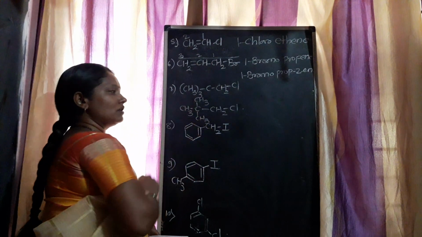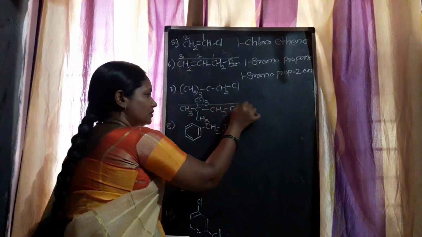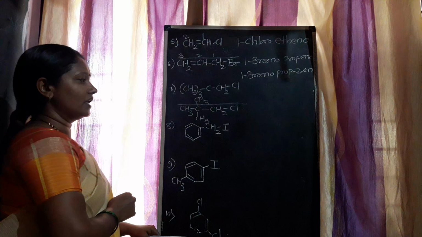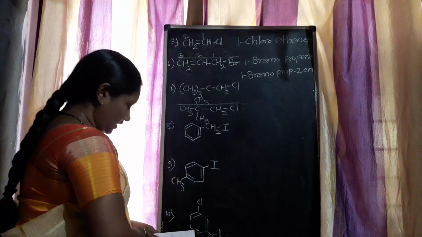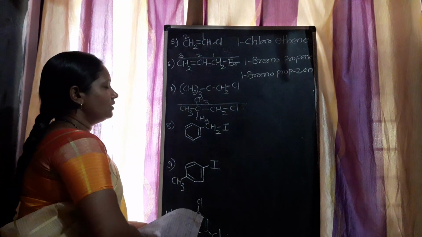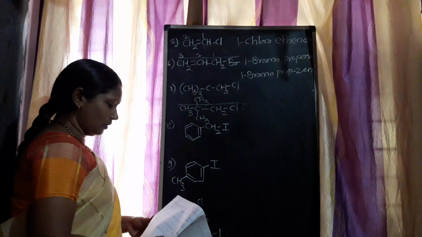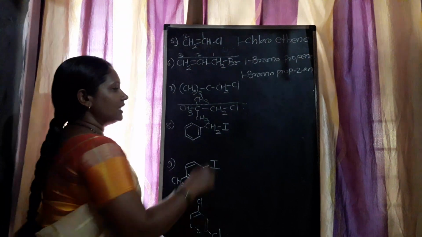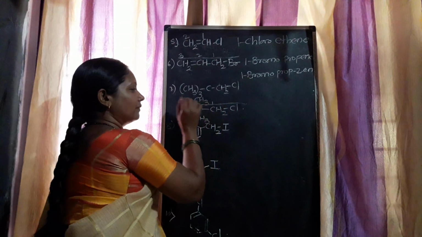If you select this long chain, there are three carbon atoms, and if you select like this one also, there are three carbon atoms present. Now at the first carbon atom the chlorine is present, and at the second carbon atom the two methyl groups are present, 1, 2, 3.